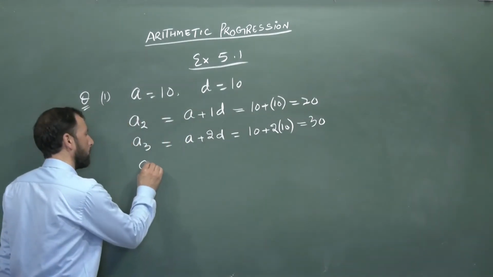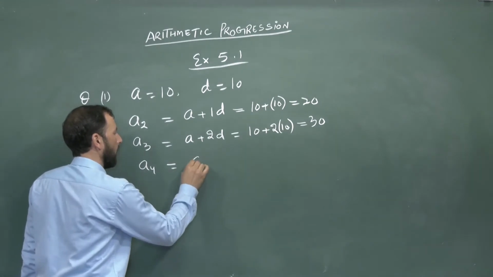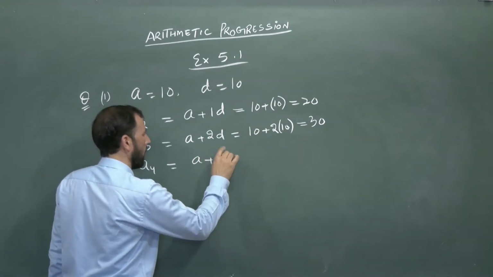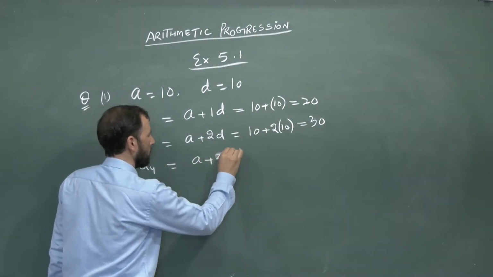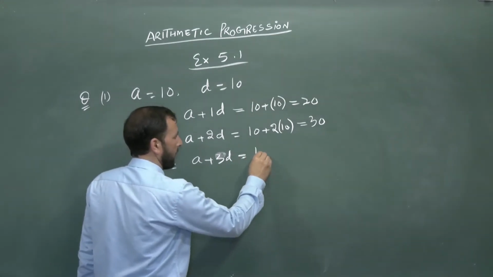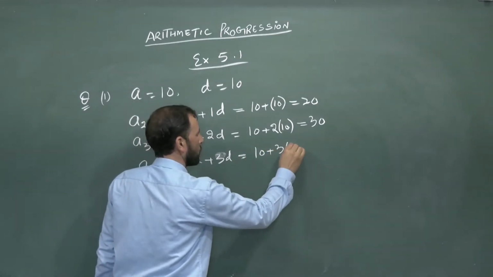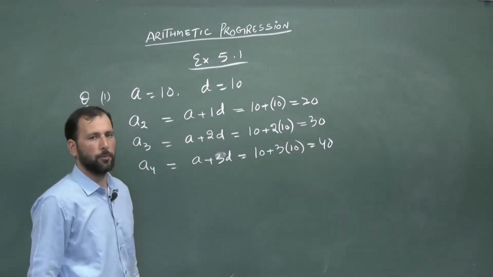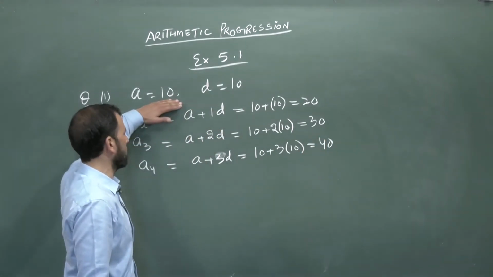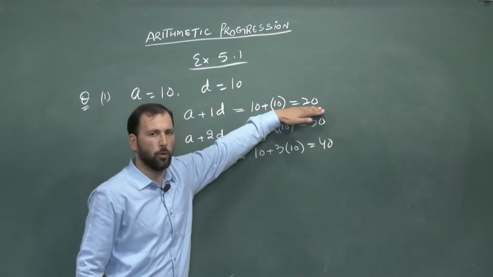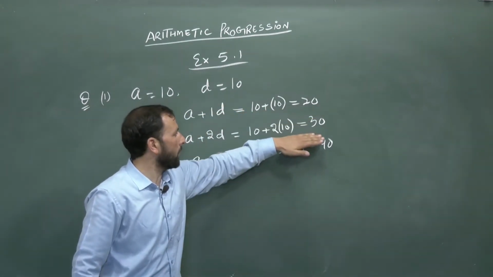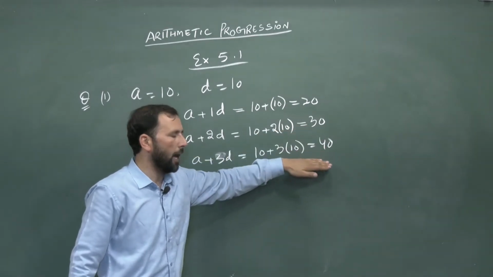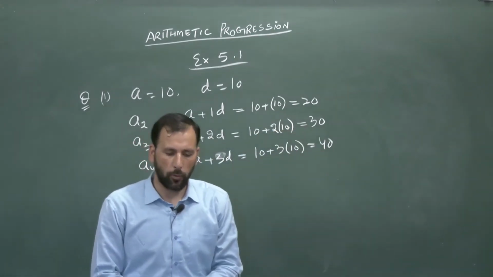Now a4 is equal to a plus 3d, that can be written as 10 plus 3 into 10, that equals 40. So the first four terms of this AP are: the first term is 10, the second term is 20, the third term is 30, and the fourth term is 40.